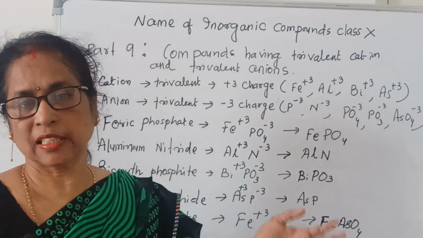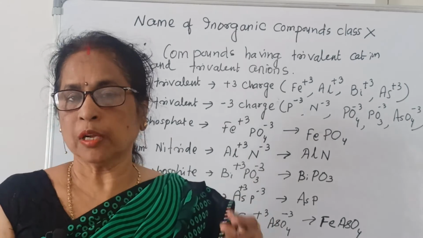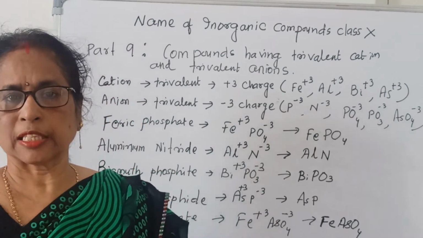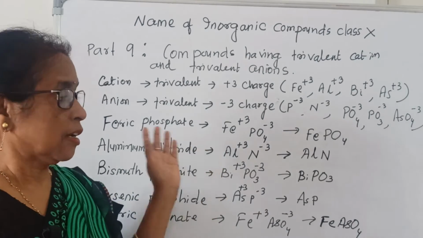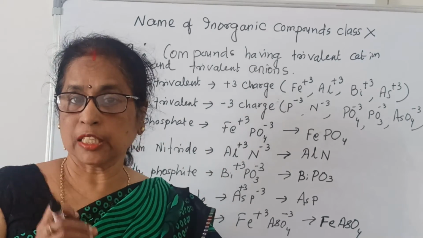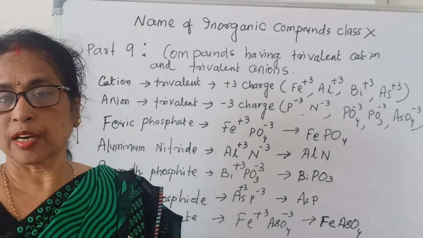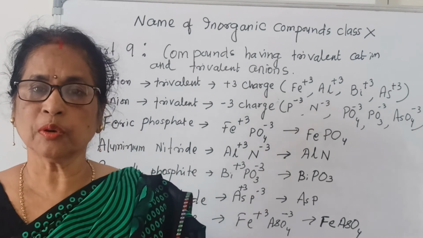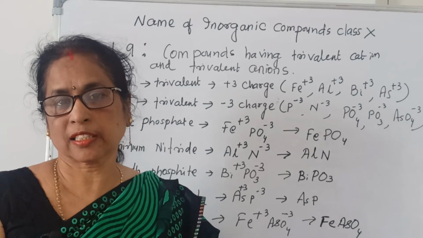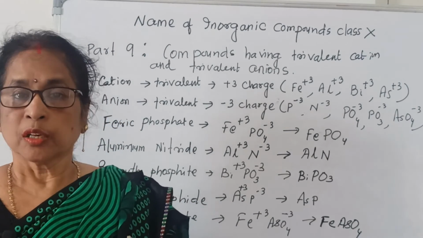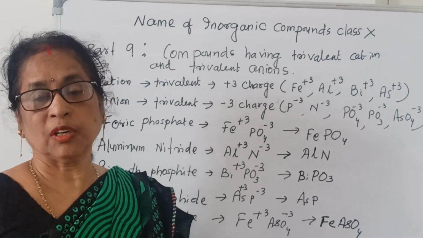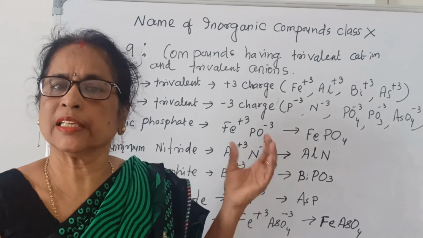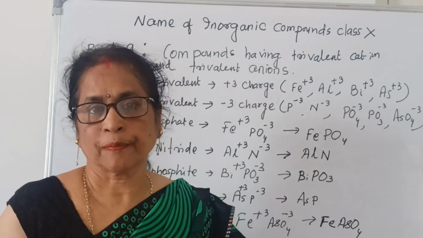These small molecules are very important. In part 10 I will explain these compounds that have very small molecules: carbon dioxide, sulfur dioxide, nitrogen dioxide, nitrous oxide. Nitrous oxide is laughing gas. Anybody know what laughing gas is? Laughing gas is nothing but one type of chemical, that is nitrous oxide.